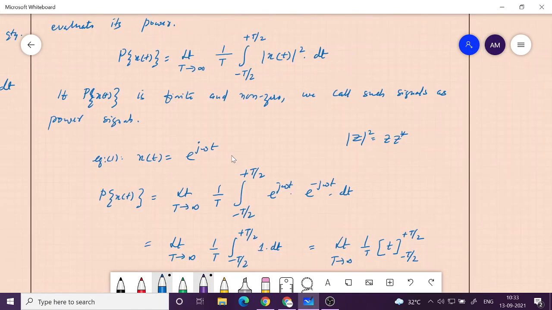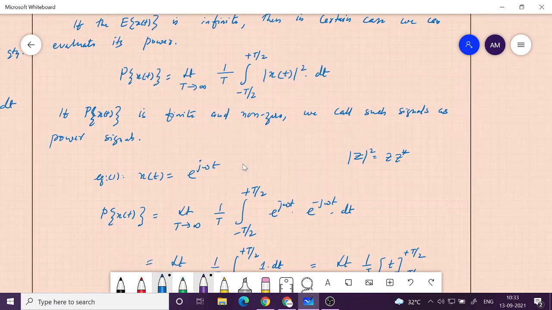If p of x of t is finite and non-zero, we call such signals power signals. But in this particular example, if only one half of it is there, it has a power of 0. But if you find the energy of the second half, you will have it as finite. So actually it is an energy signal, not a power signal.